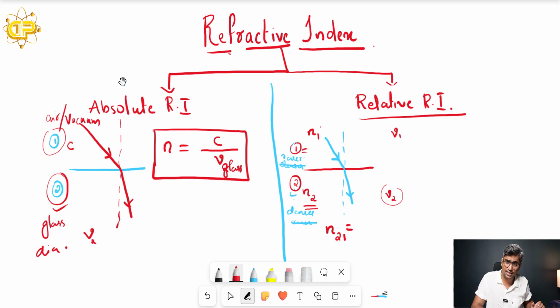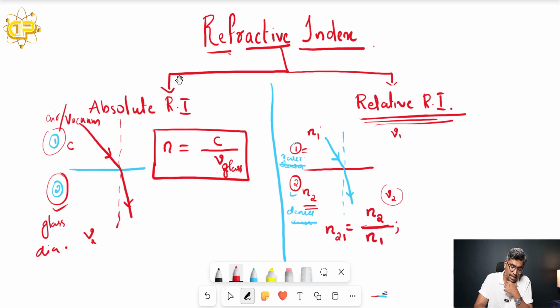So n21 gives you the refractive index of 2 with respect to 1, and it is given by the ratio of the absolute refractive index of 2 to the absolute refractive index of 1. So this is how you find the relative refractive index.